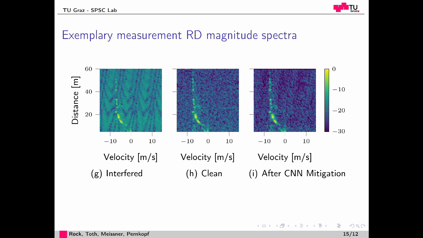On the left side with interference, in the middle the measurement without interference, and on the right side after the CNN mitigation. After the CNN mitigation, the interference patterns are clearly removed and the noise floor is further suppressed. But we can also see that the object peaks are retained at the same location and with the same relative intensity.